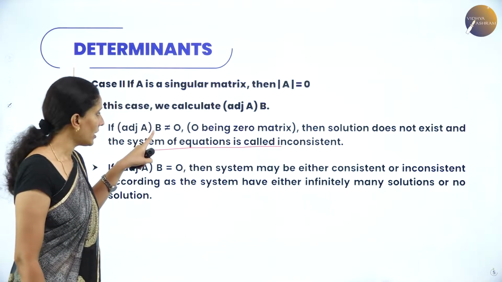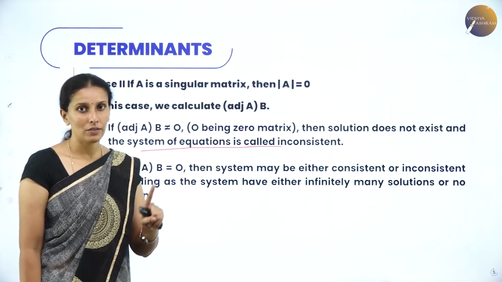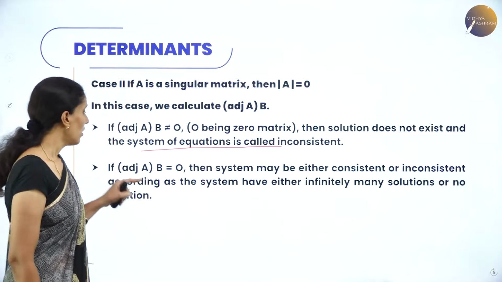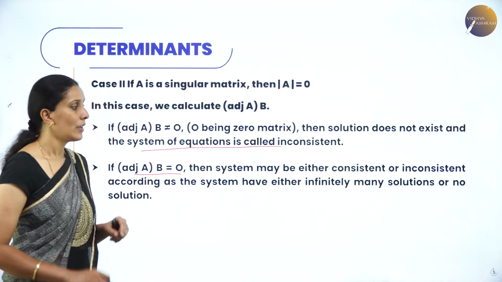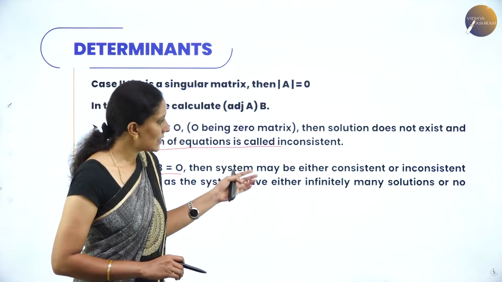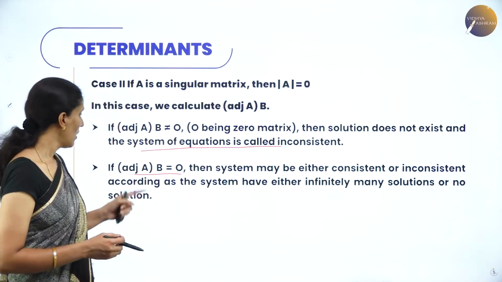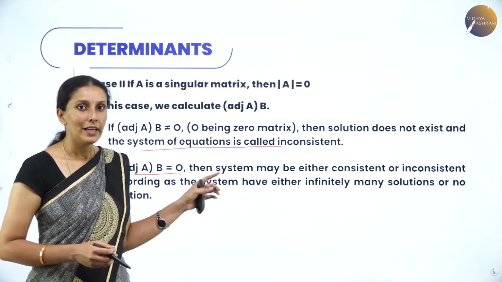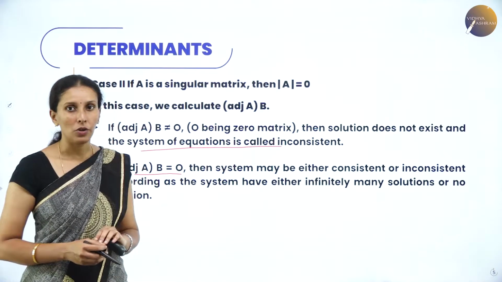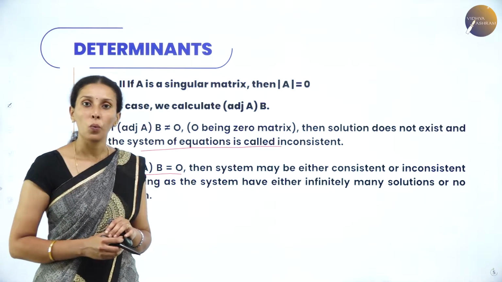Whenever you find adj A into B is not equal to 0, then we call it inconsistent. If it is equal to the null matrix, then the system of linear equations is either consistent or inconsistent according as the system has either infinitely many solutions or it has only one solution.